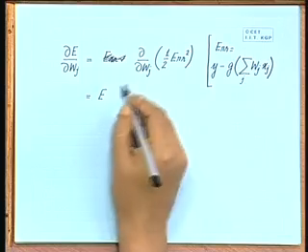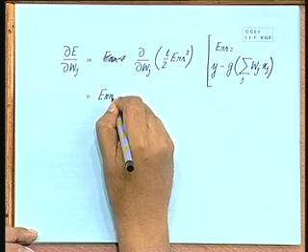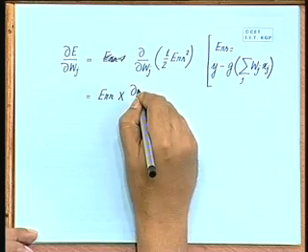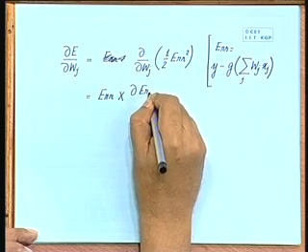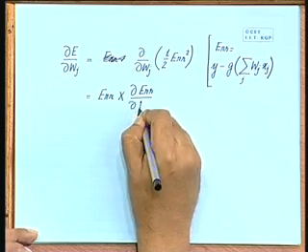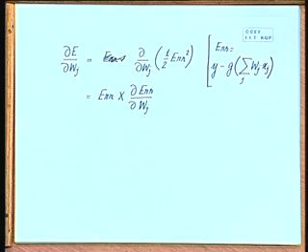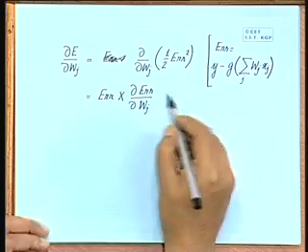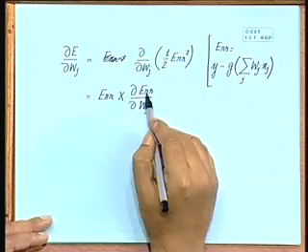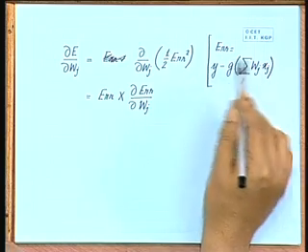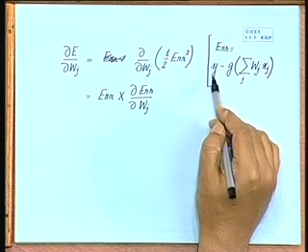So, this is going to be ERR times delta ERR by delta Wj. Now, if we replace ERR by this term, then because y is a constant, the differential will eliminate it.